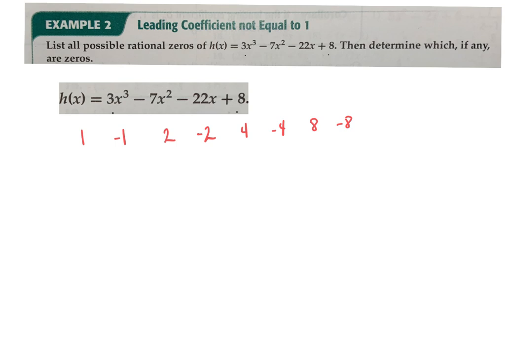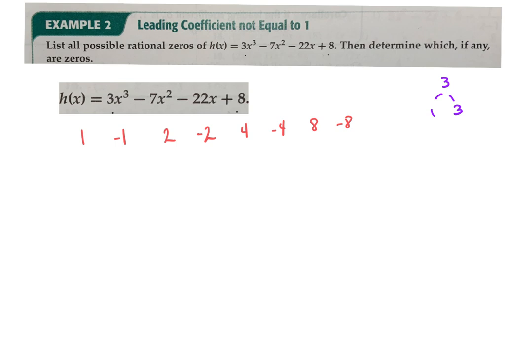Normally, we would only have to consider then the factors of 1. Well, all of those over 1 are still the same thing, right? But now we have to consider the factors of 3, all right? So my factors of 3 are 1 and 3, right? So I have all of these numbers over 1. Well, that's all of those numbers, right?